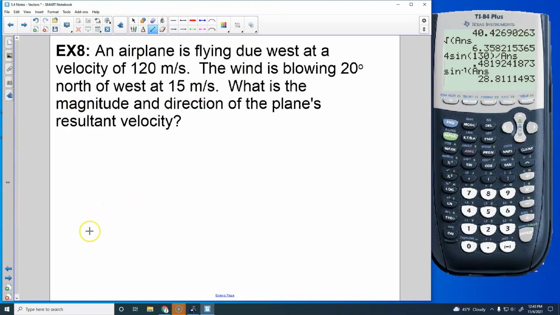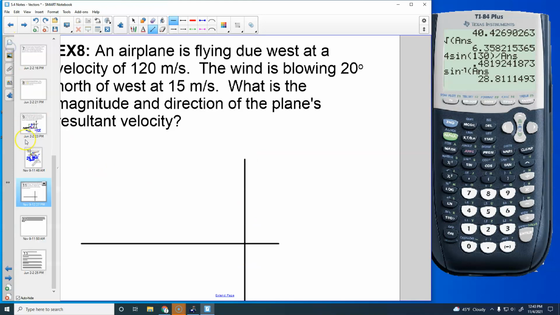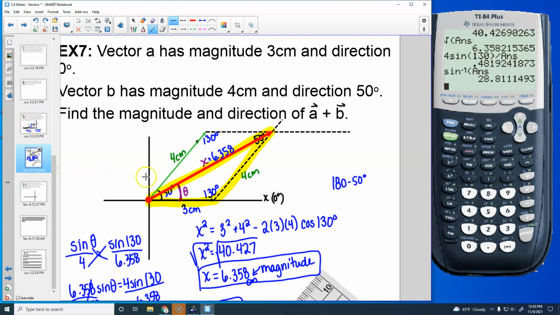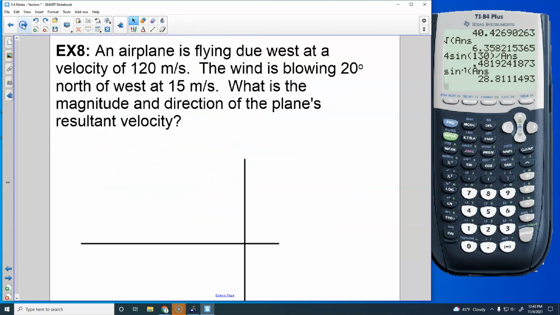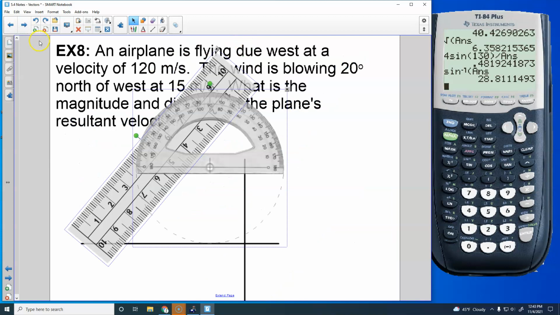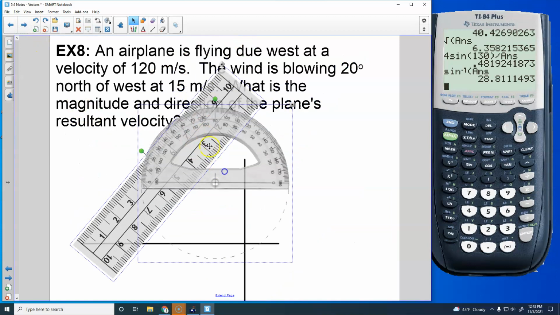So we really need more room over here to the side.